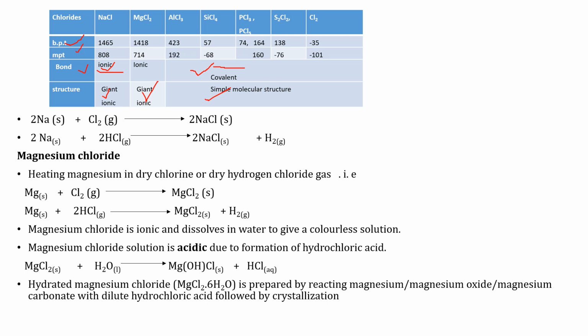Now in metals, the chlorides in metals, like we talked about aluminium chloride. We said aluminium chloride has a very low melting point, yet we expect it to be ionic. The reason is that in aluminium chloride, the aluminium ion has a high charge density, which is 3+. That high charge density is going to greatly polarize the chloride ion.